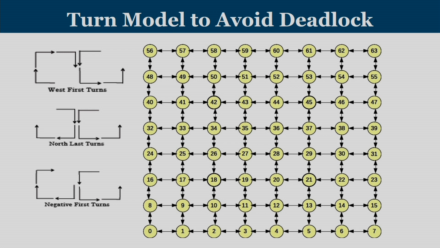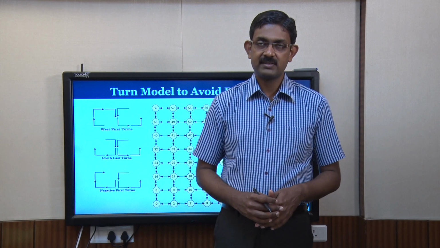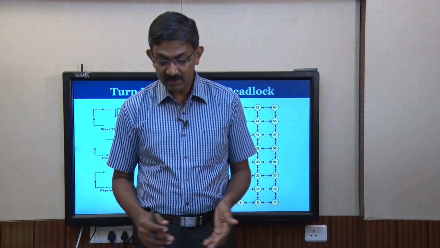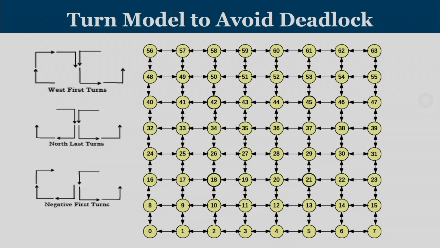Similar to west first turn, we can also define east first turn, north first turn and south first turn. And similar to north last turn, we can define south last turn, east last turn and west last turn. What are we trying to do? Let us now consider an illustrative example which will help us to understand the flow.